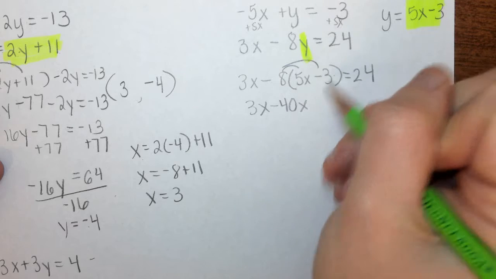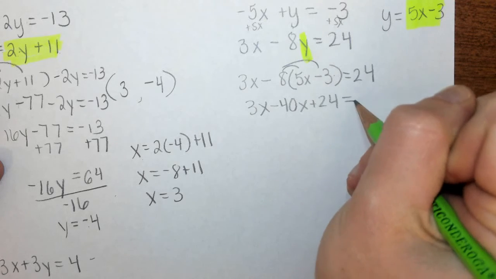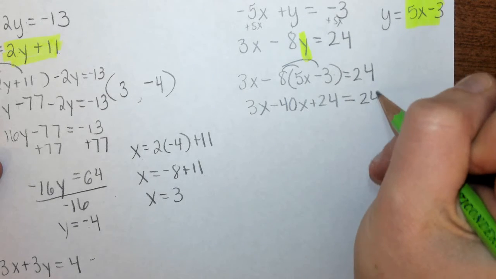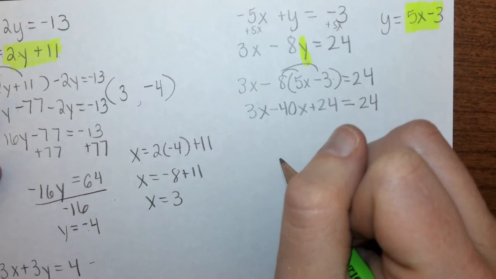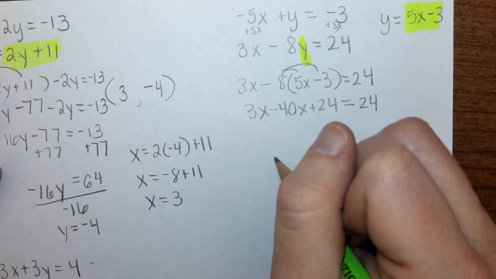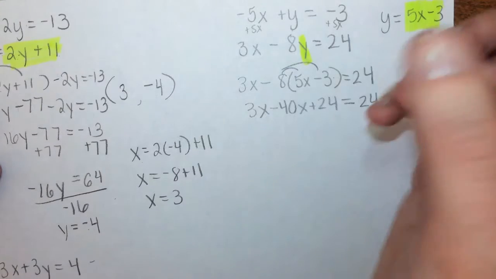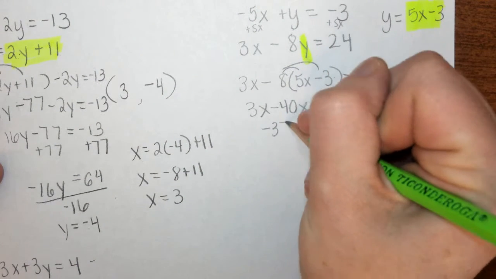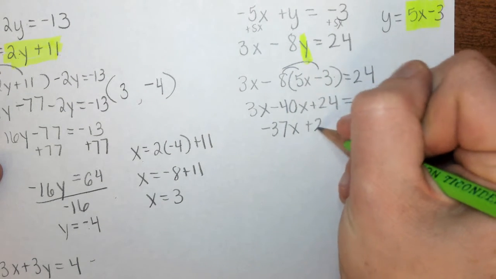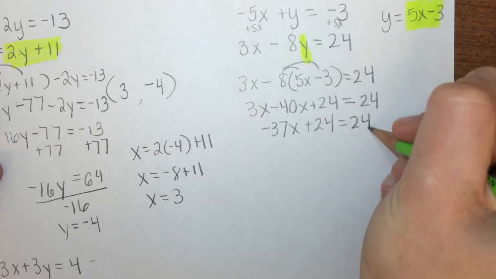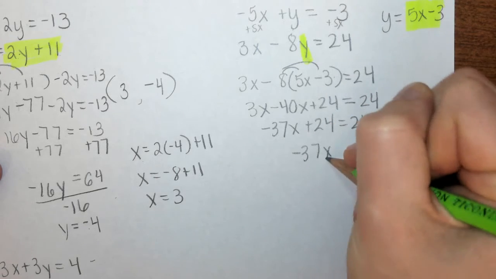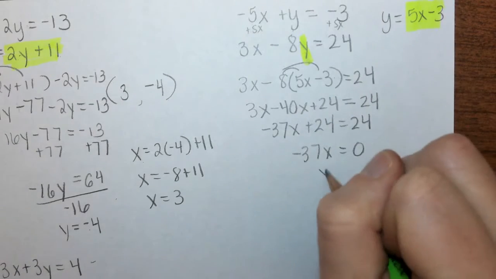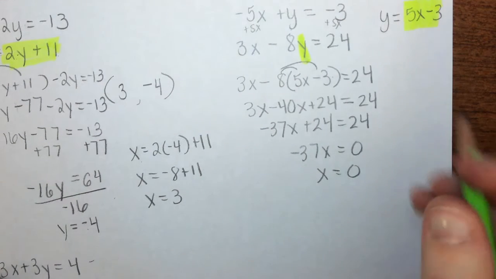Of course, be careful, that's supposed to be a plus 24. So negative 37x plus 24, so negative 37x plus 0. So your x value is 0.